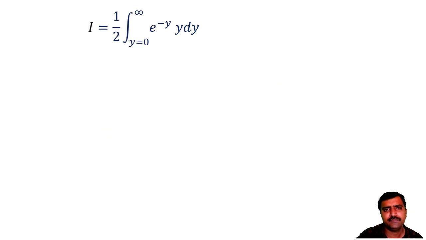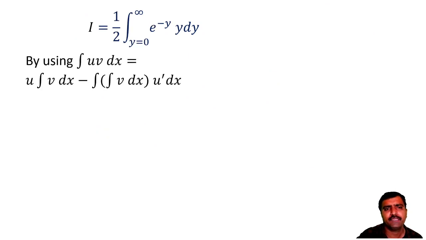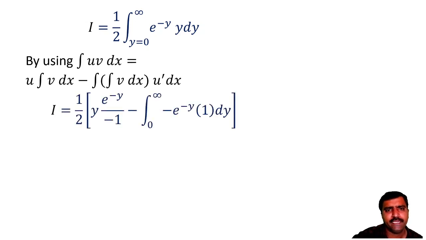Applying integration by parts, the integration of uv dx is: first into integration of second, minus integration of the differentiation of first into integration of second dx. Everyone knows this formula, integration by parts. So it is 1/2 into y, you keep y as it is.